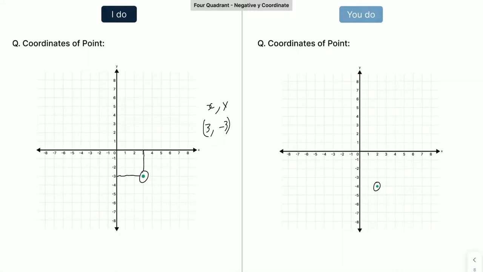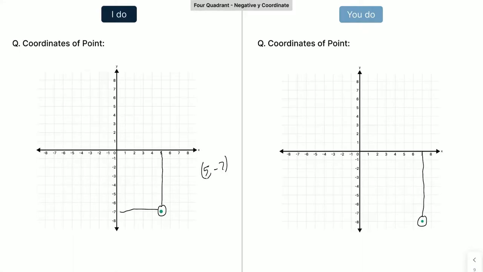So in this case, I'm going to read this coordinate, so that is 2 for the x-axis, and in the y-axis, that is -4. So circle the coordinate. So in x, that is 5, and in y, that is -7. And hopefully you've pressed pause and I'm going to go at this one. So that in x is going to be 7, and in y, that is going to be -8.